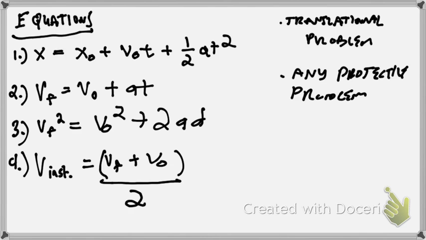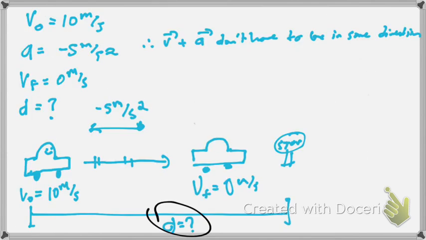What variables do we have? We have V final, we have V initial, we have acceleration, but we don't have distance. So now let's use this equation to solve this problem. And it can be just as simple as that.